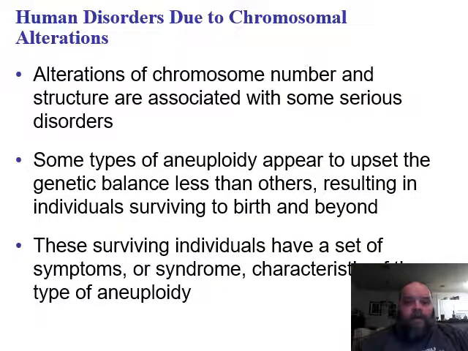So let's look at some human disorders that are due to some form of chromosomal alteration, altered number, or some change in the chromosome structure itself, the sequence. Like I just stated in the last slide, if it was an alteration, it may not have arisen during fetal development.